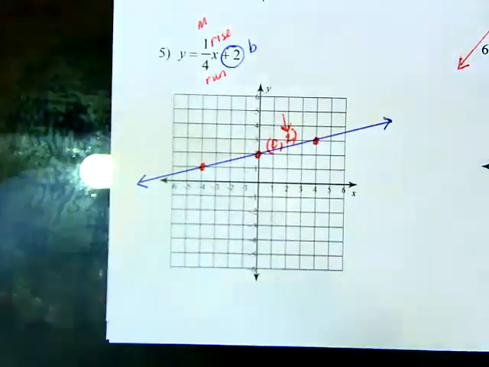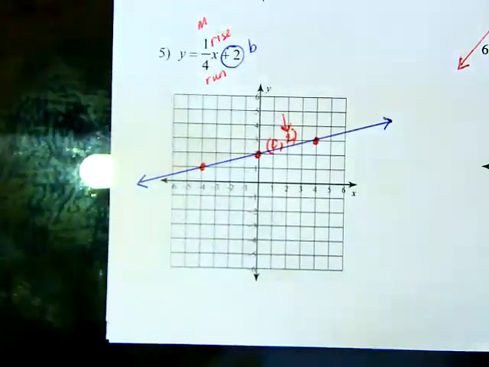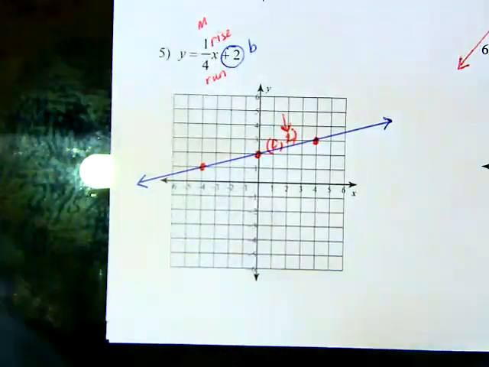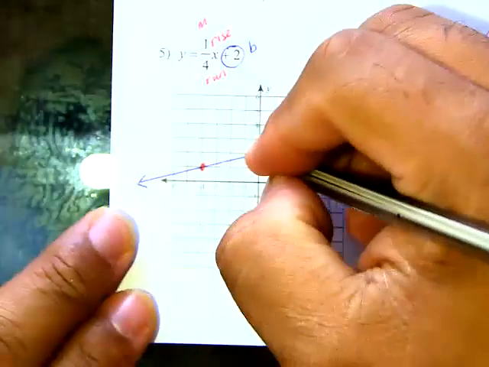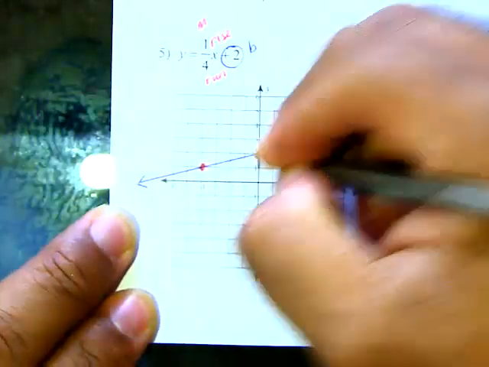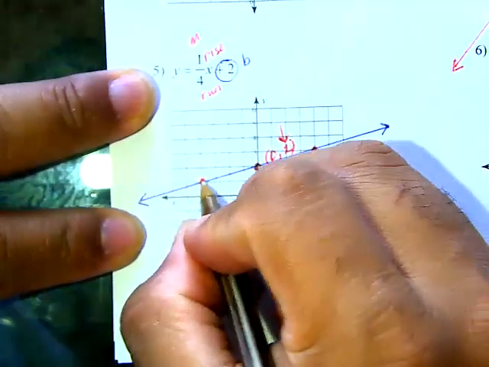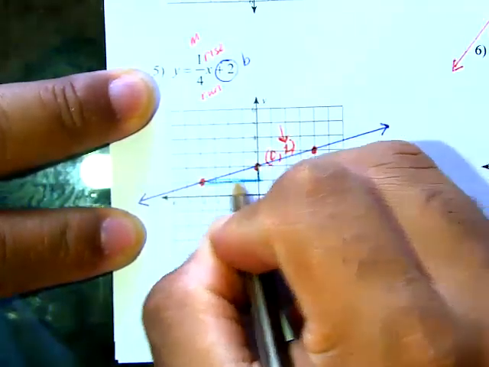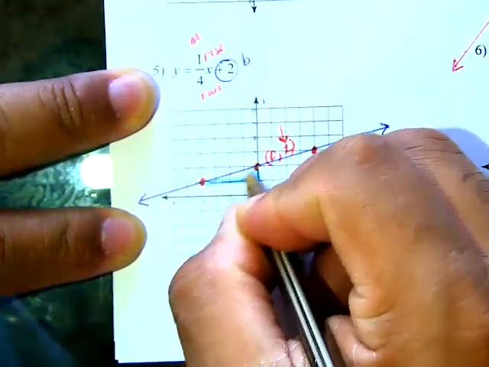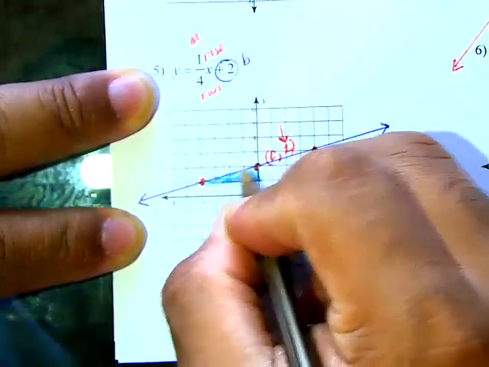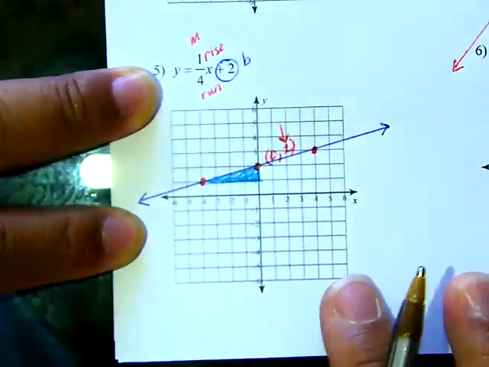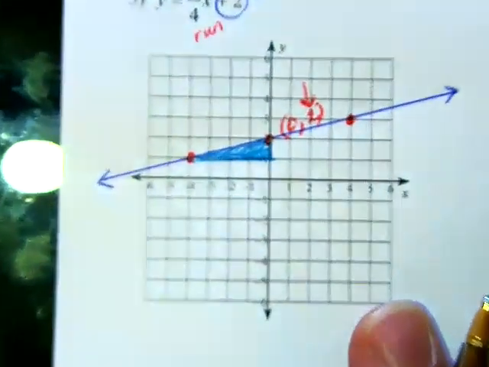Now, let me show you how. If you take 2 points and you make a triangle, I'll shade it in so that you can see it better. I'm going to zoom in so you can see it better as well.